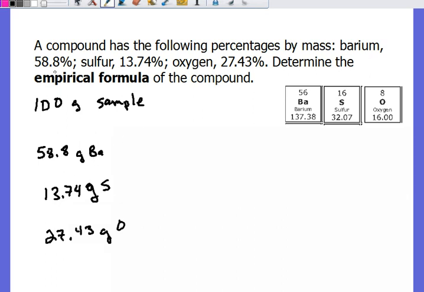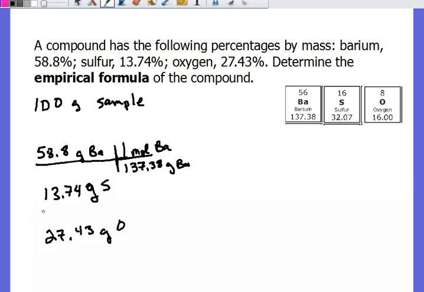So for this particular part, you can take your 58.8 grams of barium and divide it by the molar mass of barium right here, 137.38. This is how many grams of barium you have, and then you're going to convert that to moles. So you have 137.38 grams of barium for a mole of barium.